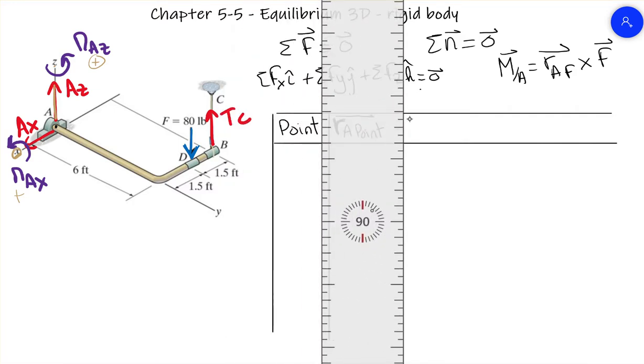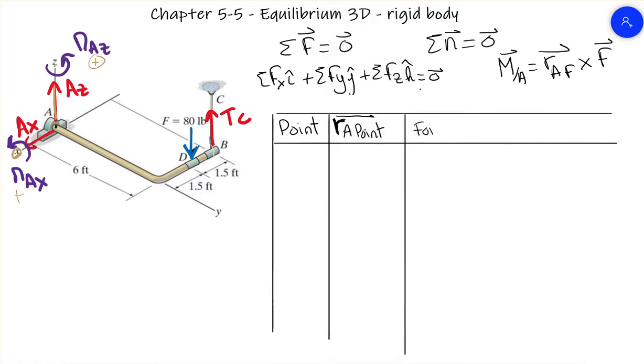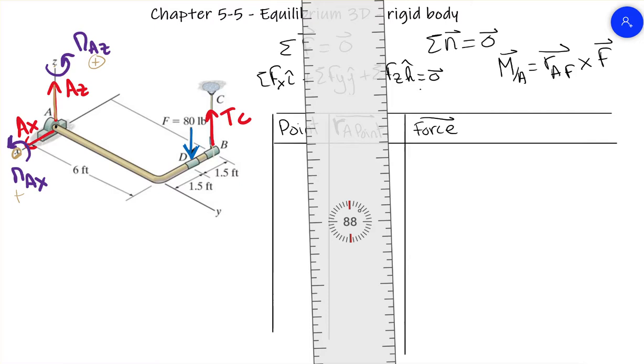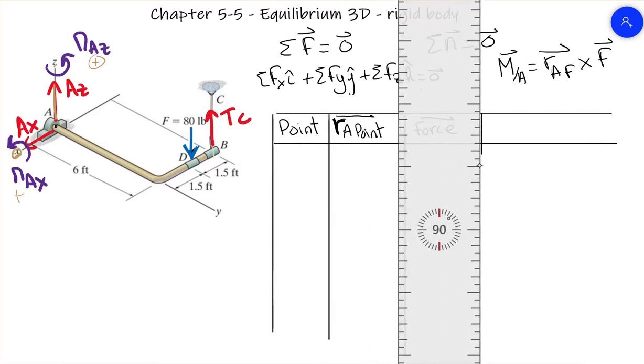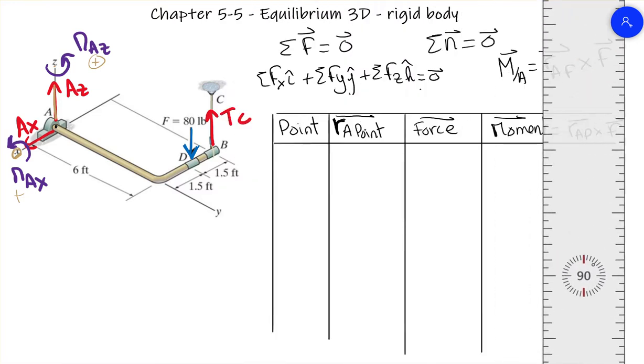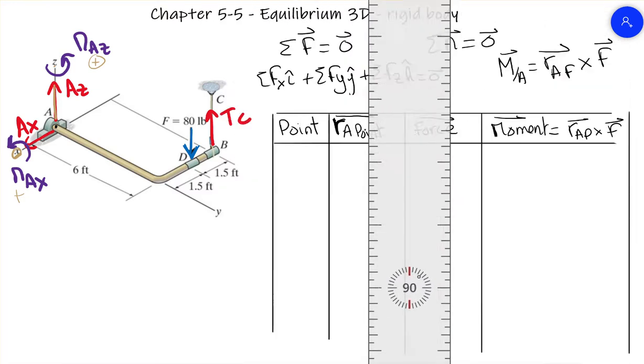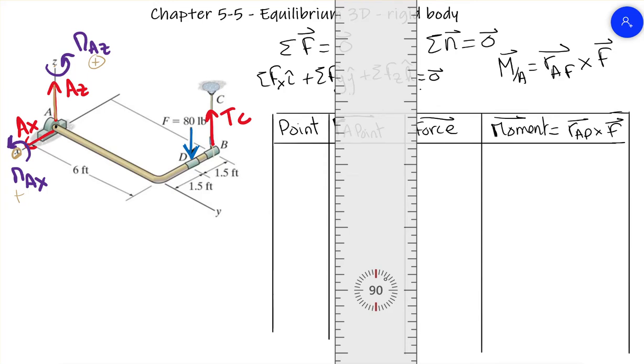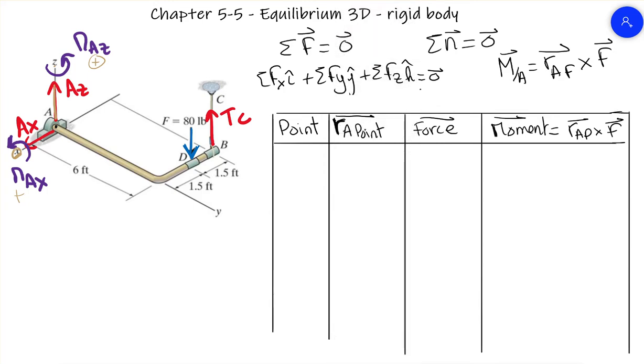After that, we will have the force, and it will be also a vector. And the last one will be the moment. And the moment is equal to R, so A to the point, cross the force F. And the moment is also a vector. Most of the time, the moment is a little bit longer to write, so I make a bigger box.